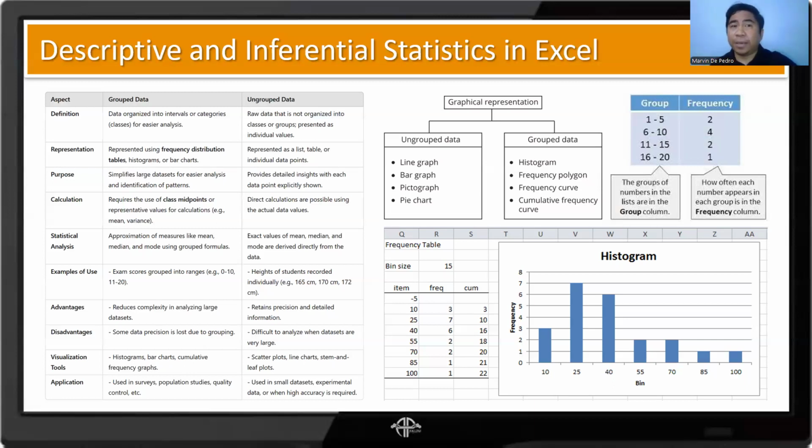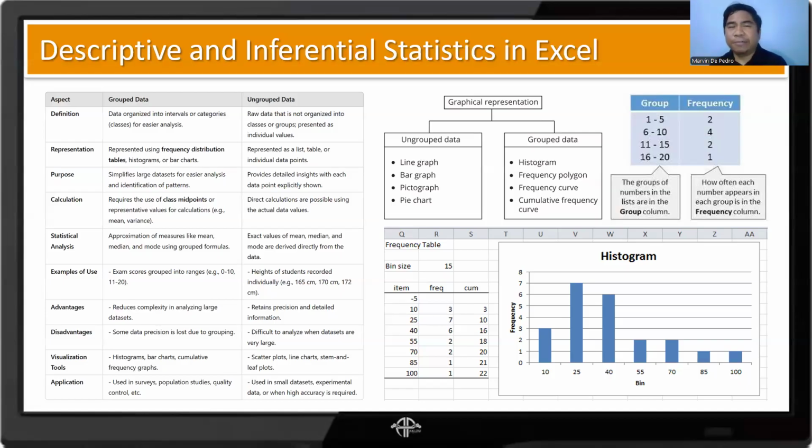That could be a possible use of grouped data. But if your point is to see exactly who has this specific height, or you want to see the specific heights in the entire data set, then we leave it as it is. We don't need to group the data.